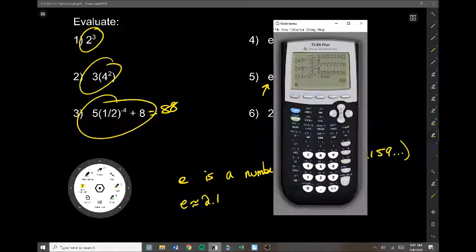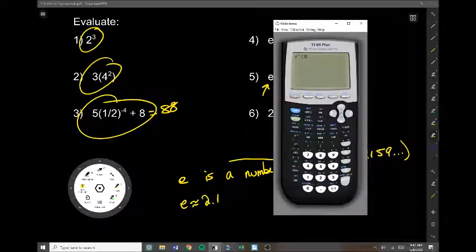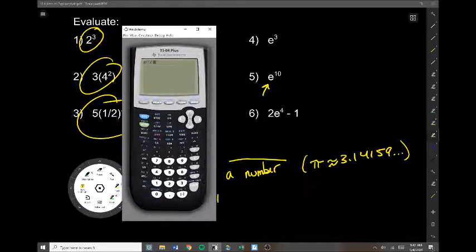You can find e on your calculator. If your calculator is like mine, if you press second ln, ln is this button right here, right below log. If you do second ln, that gives you e to the. e to the third is 20.08.